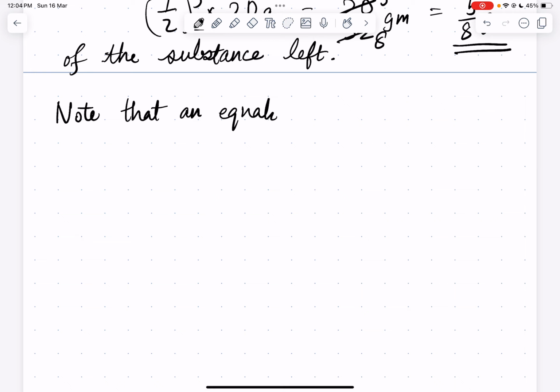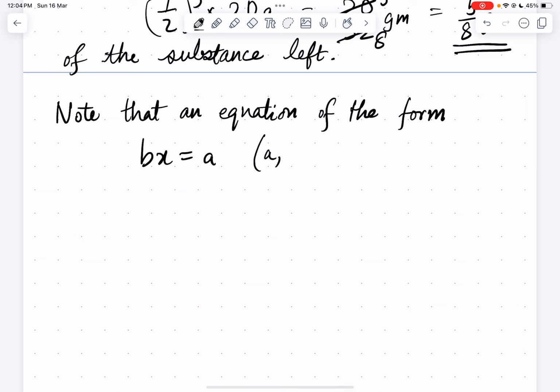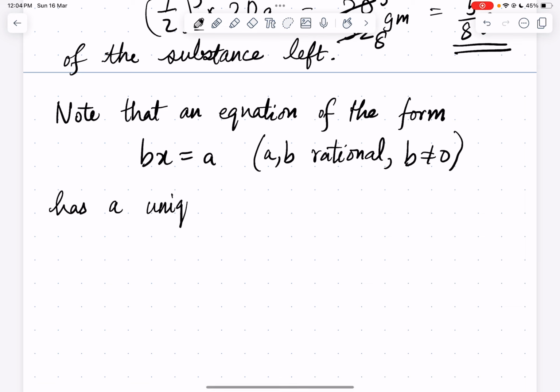Note that an equation of the form bx equals a, where a and b are rational, b not equal to 0, has a unique rational solution, x equals a by b.